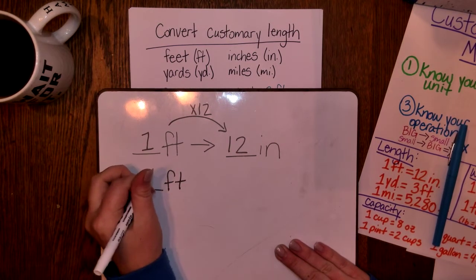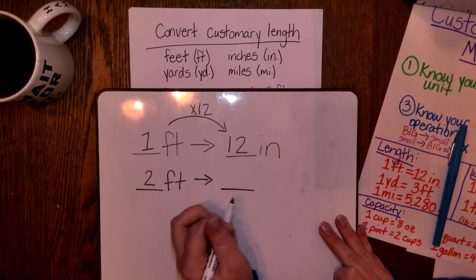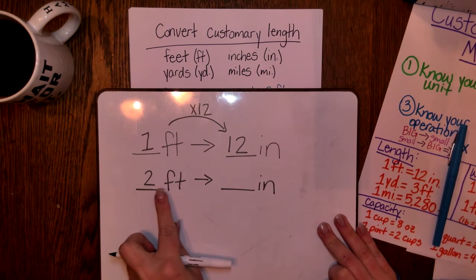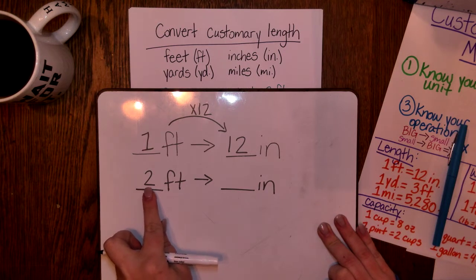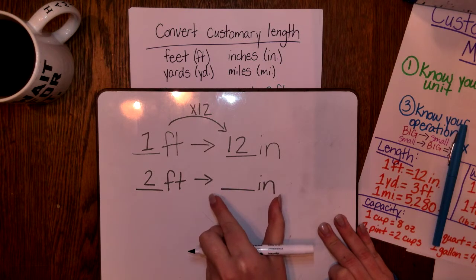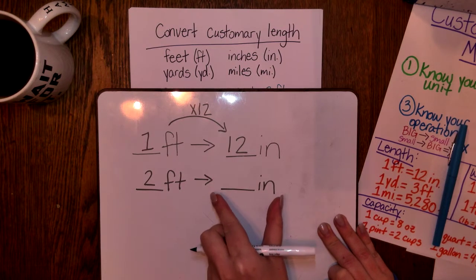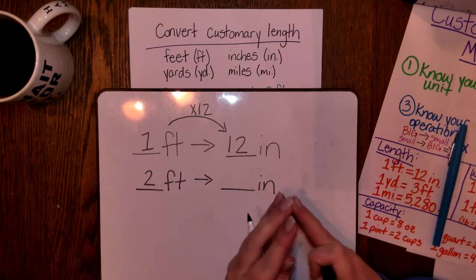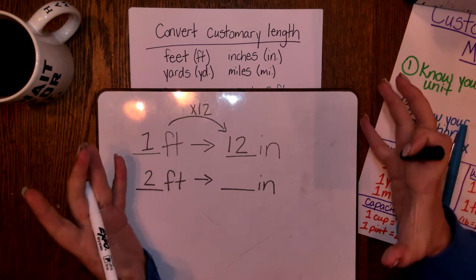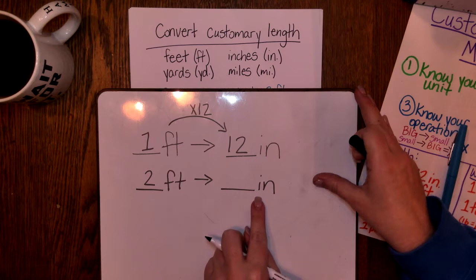So, if I have 2 feet and I want to know what that is in inches, I'm going from 2 to something else. I know that I can fit a lot more inches into a foot. So my answer is going to be bigger. Feet to inches. A foot is bigger than an inch.